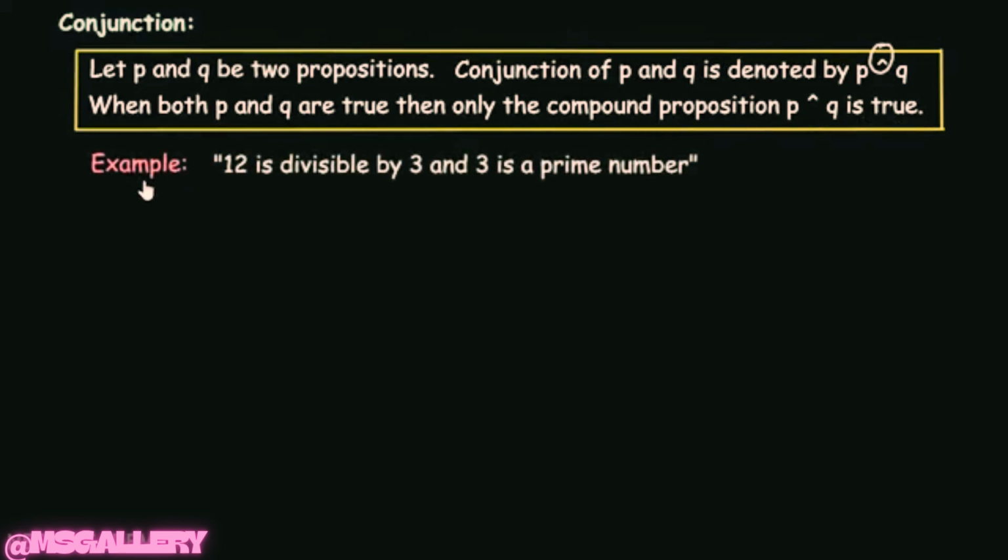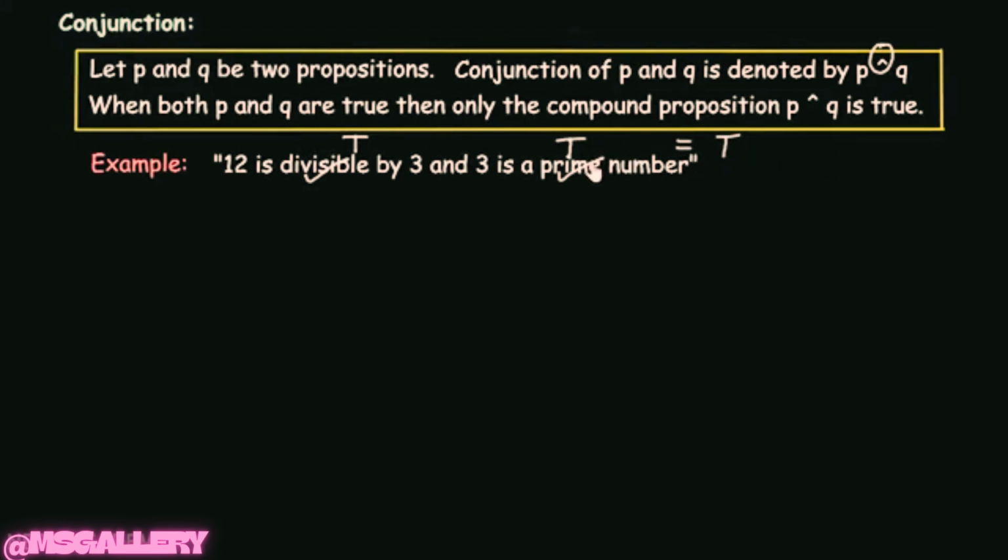Let's consider one example. 12 is divisible by 3 and 3 is a prime number. We already know that 12 is divisible by 3. This is correct. And 3 is a prime number. We also know that this is also correct. As this proposition is true and this one is also true, therefore true and true is equal to true, right?